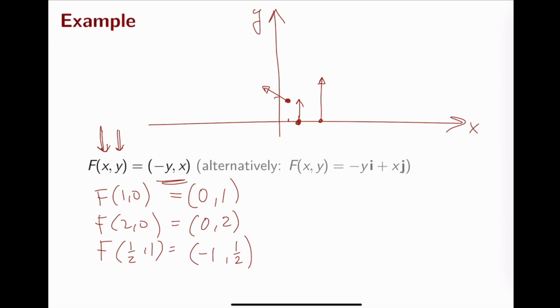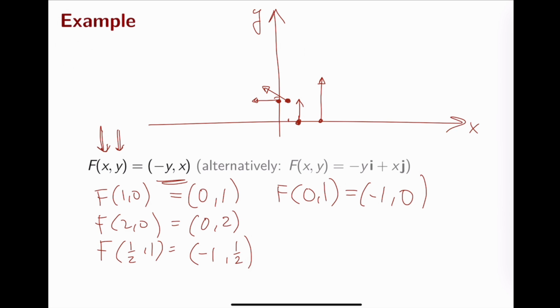Let's give just more values. Let's say f at (0, 1). So (0, 1) will be this point here, 0 of x, 1 of y. Plugging in again, the image of (0, 1) is (-1, 0). So at this point we have -1 of x and 0 of y, so it will be a vector that goes like this.